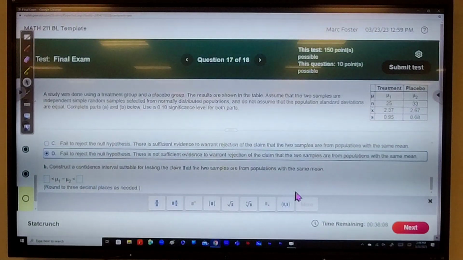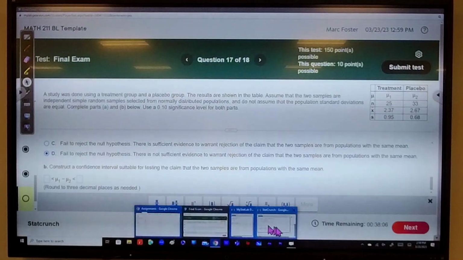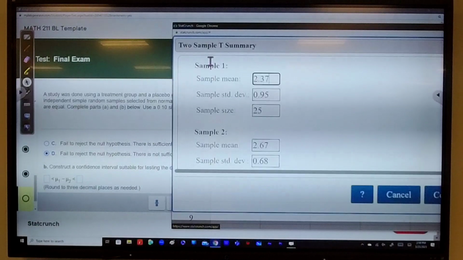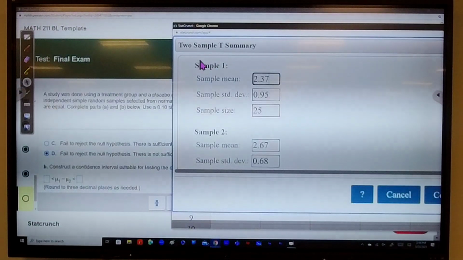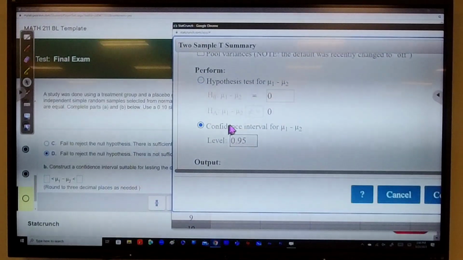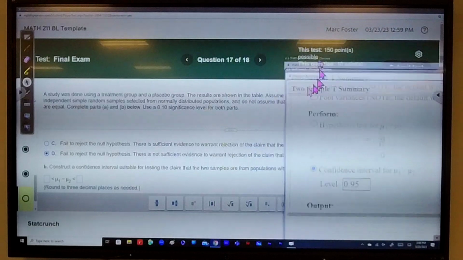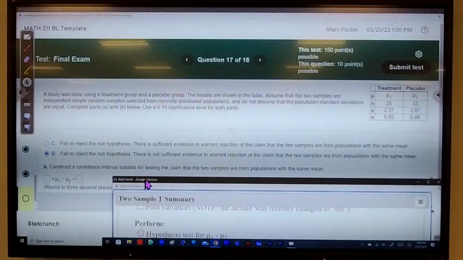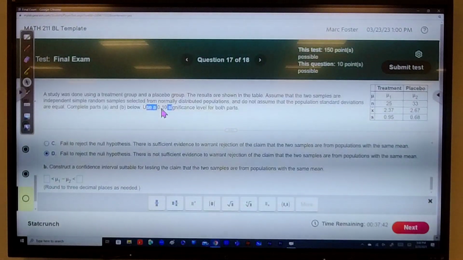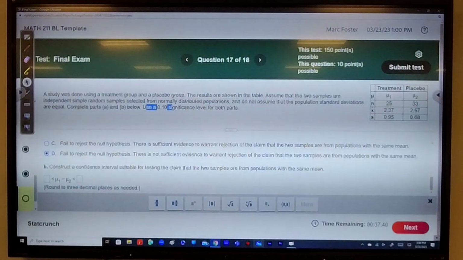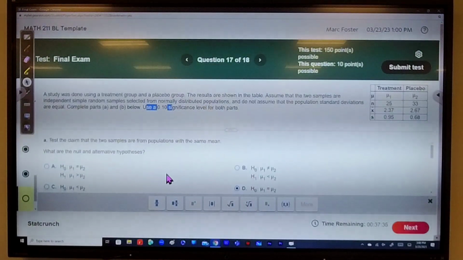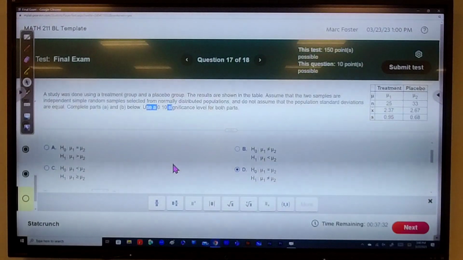Now we want a corresponding confidence interval. If you go right back to the output window you have, you can go to Options, Edit, and it opens up with all the same numbers typed in, and then you can change it to the confidence interval. Okay, now I have my alpha at 10% here, and it's a two-tailed test, right?